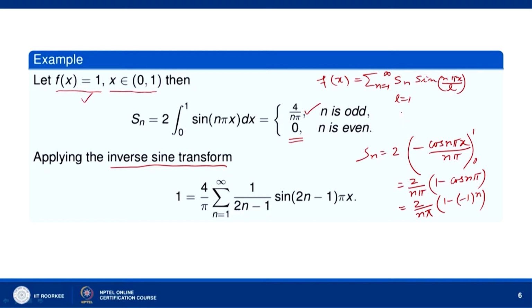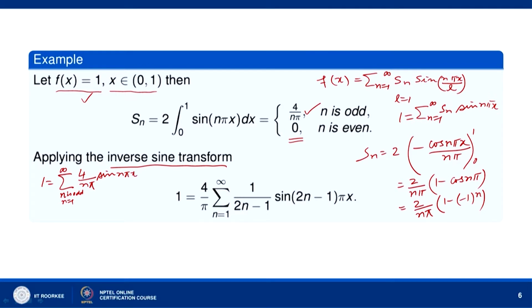So, let us put f x equal to 1: 1 equal to sigma n equal to 1 to infinity S n sine n pi x. Now, S n is 0 when n is even and 4 over n pi when n is odd. So, we can say 1 equals the sum over n from 1 to infinity, subject to the condition that n is odd, of 4 over n pi into sine n pi x.